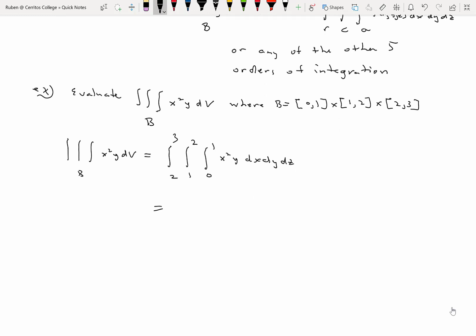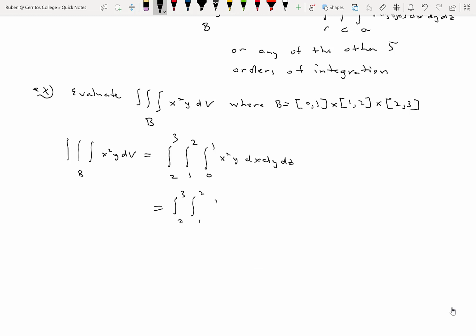And the way we do this is a direct extension to how we did this with double integrals. When you integrate with respect to x, that means you're imagining y and z constant. So this is sort of like the partial derivative analog, but with integrals, sort of partially integrating with respect to x. So I'm going to integrate x squared y with respect to x. That means y is held fixed.